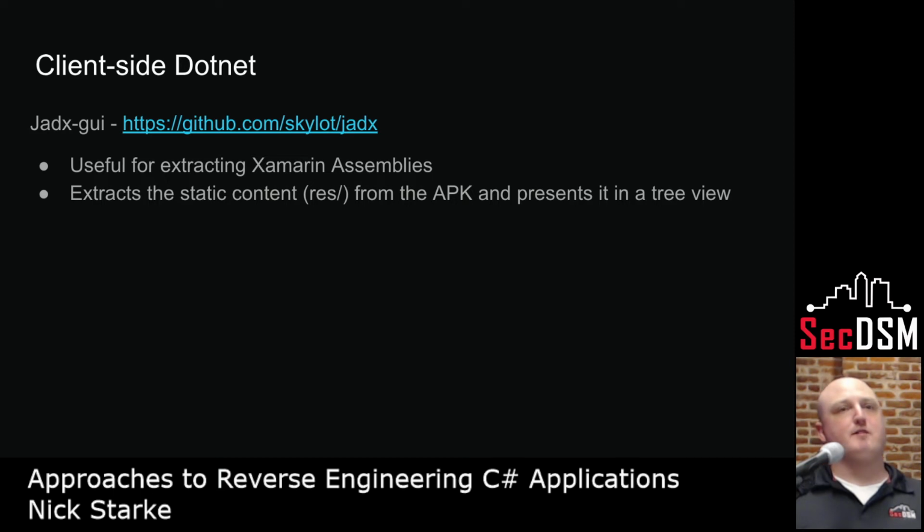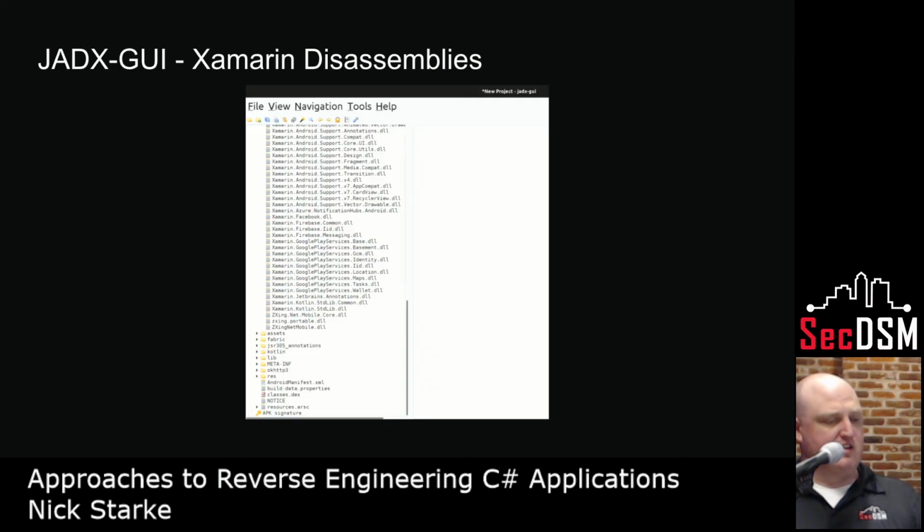So the tool I recommend for this is called JetX GUI. It's a tool that's made specifically for extracting contents from Android applications. And it kind of looks similar to dotPeek and ILSpy. So you have a tree view on the left of your assemblies, right? And that's just the resource folder, the res folder, in an Android APK, and that res folder contains the .NET assemblies that are then executed on the Xamarin platform.